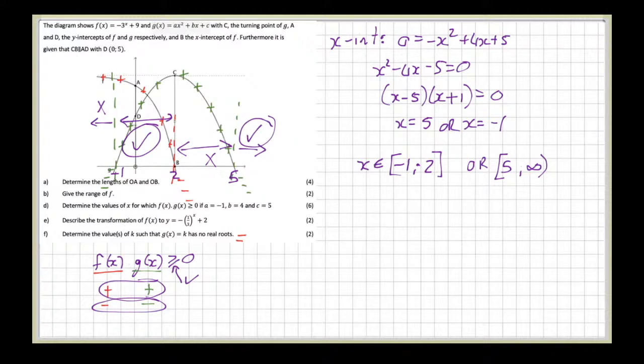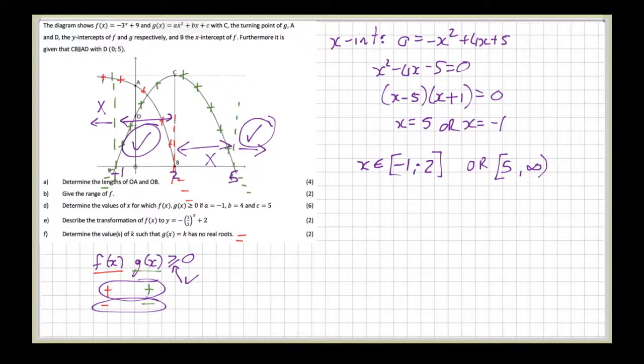Now let's quickly look at questions E and F. I must just calm myself down. I still have a little bit of time before my hour is up with you. But before I get to E and F, I just quickly want to throw you in the deep end.